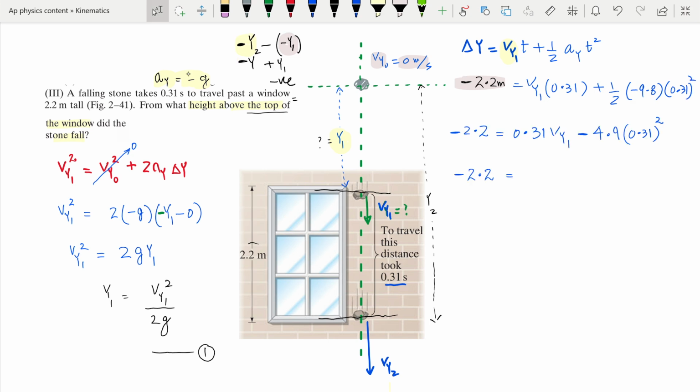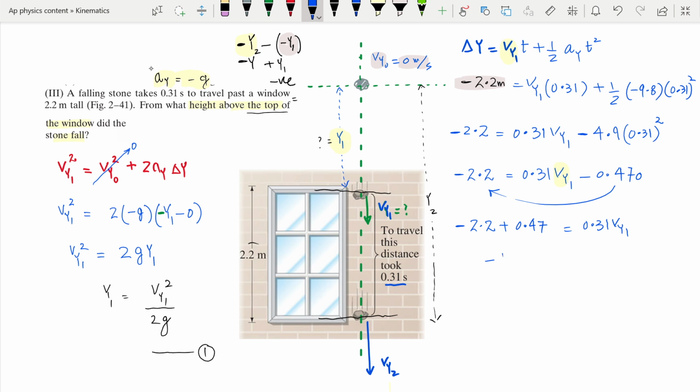So we got an algebraic equation, 0.31 vy1, in which vy1 is the variable that we want to find out, and then minus 0.470. So you can take this to the other side.